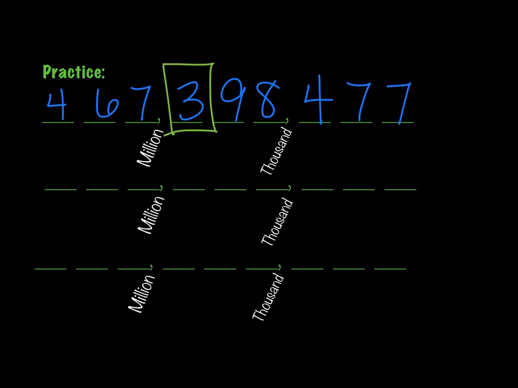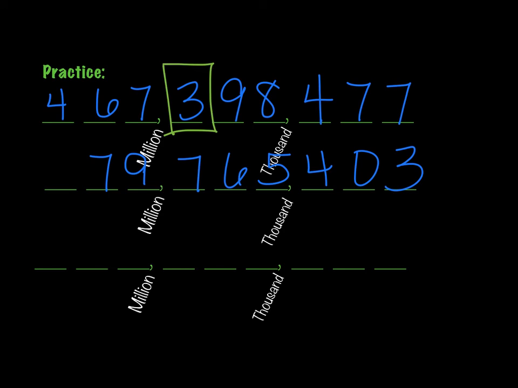All right, let's take a look at the next number. Okay, how would we say that number? Again, look at your commas, look where they're located. We would say 79,765,403.